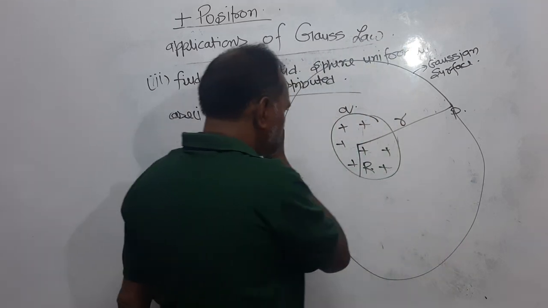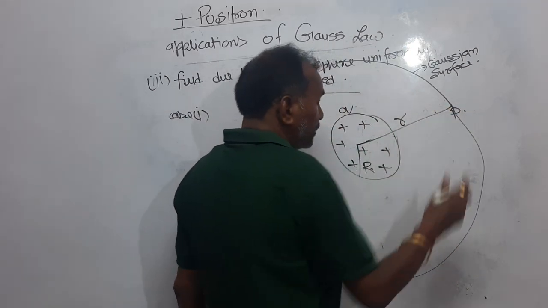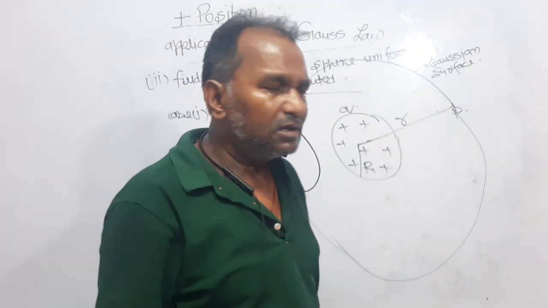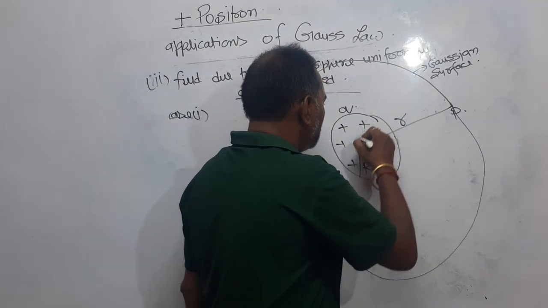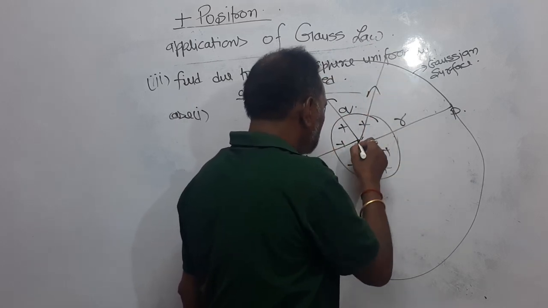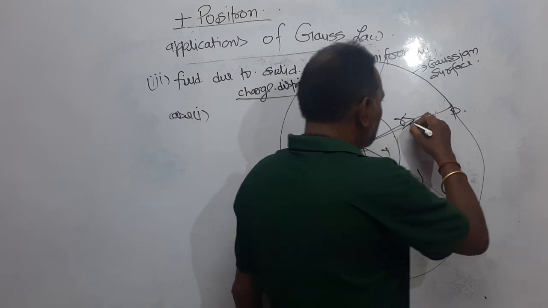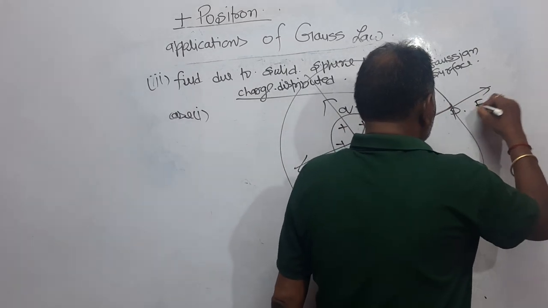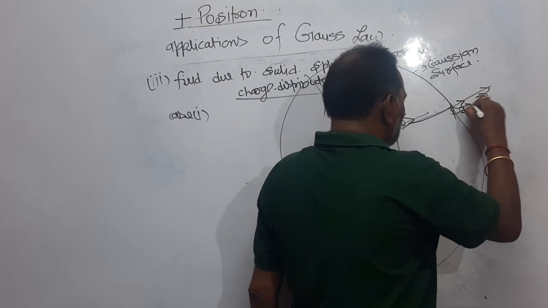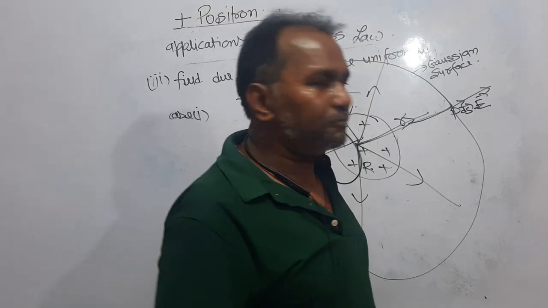Now, dear students, you can say if the point is outside of the sphere, then the field lines will move like this in all directions, right? Here E is in this way and the area vector will also be normally outward. So E and ds are parallel to each other at every point.